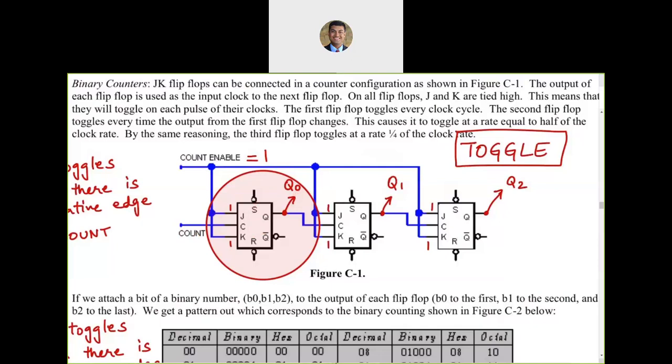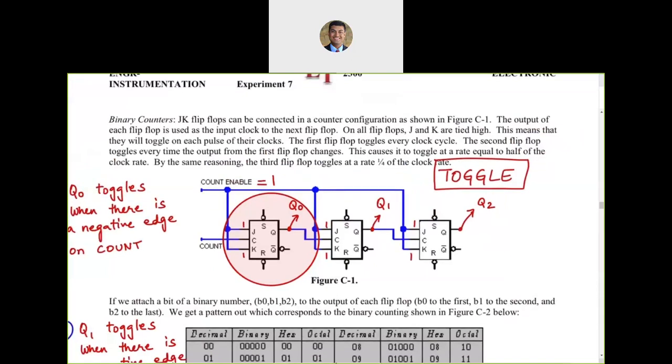And when there is a negative edge on Q0, a few nanoseconds after that, there is a change in Q1. So if I zoom in to that timing diagram a lot, there will be delay because of the propagation delay through the JK flip-flop itself.